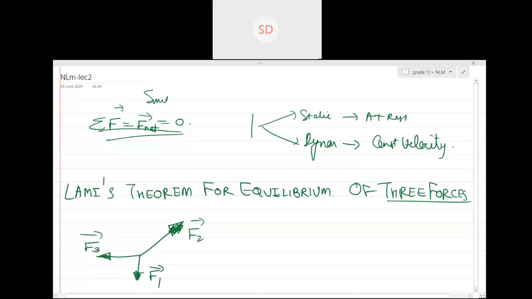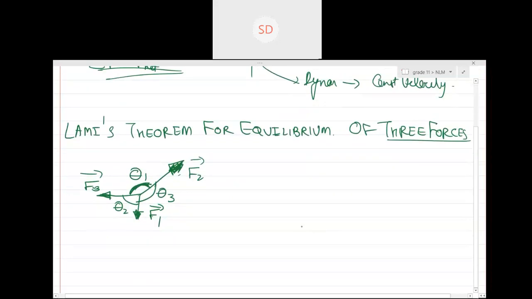Can you see the angle opposite to F1? If there is F1, then the angle between F2 and F3 is named theta 1. If this is F2, then the angle between F3 and F1 is named theta 2. And if it is F3, then the angle between F1 and F2 is named theta 3. So if there are these three forces, and the object is at rest or in uniform motion, that implies equilibrium.